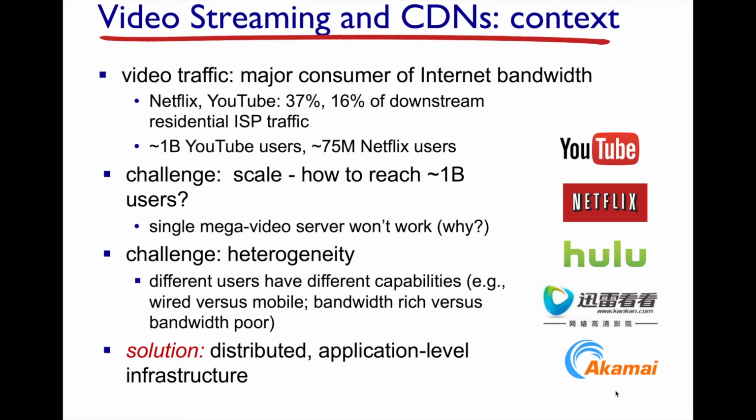And so, there are about a billion, maybe more than a billion now, YouTube users, and there are about 75 million Netflix users, at least, writing this slide back in 2017. I'm sure that's more now, but there are quite a few, and they're all trafficking back and forth in that video data.